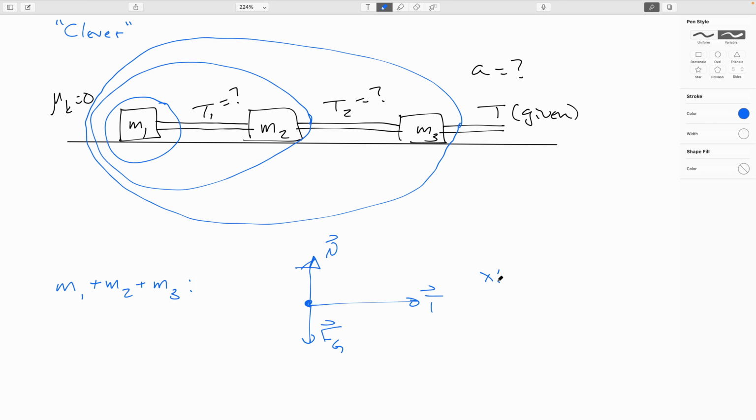Applying Newton's second law in x, since these cancel in y, my only force, T, is equal to the mass of my system. Now here's the tricky bit. My system is M1 plus M2 plus M3, so the mass is M1 plus M2 plus M3 times A. And I immediately get the acceleration is the tension over M1 plus M2 plus M3.